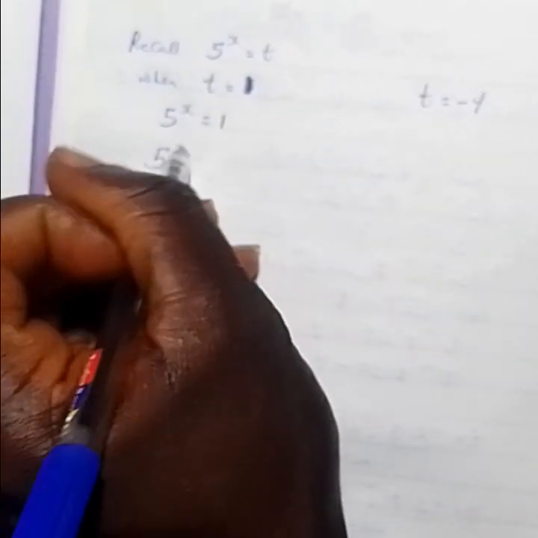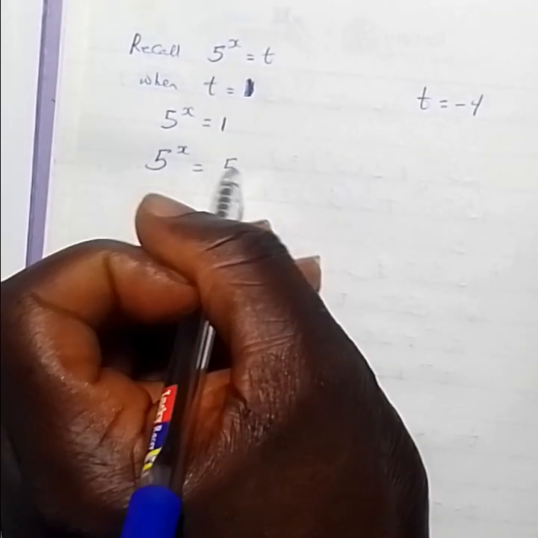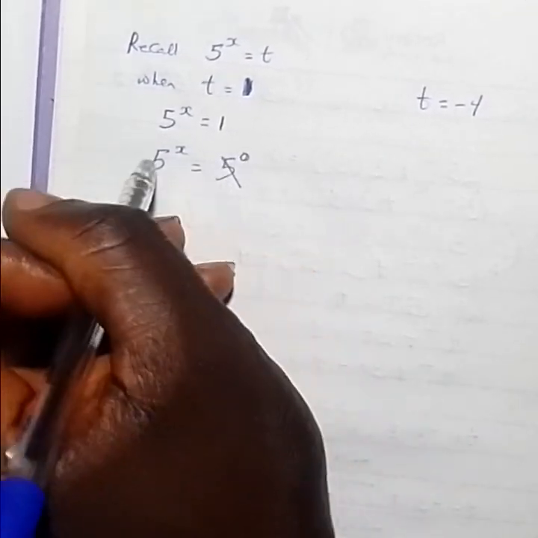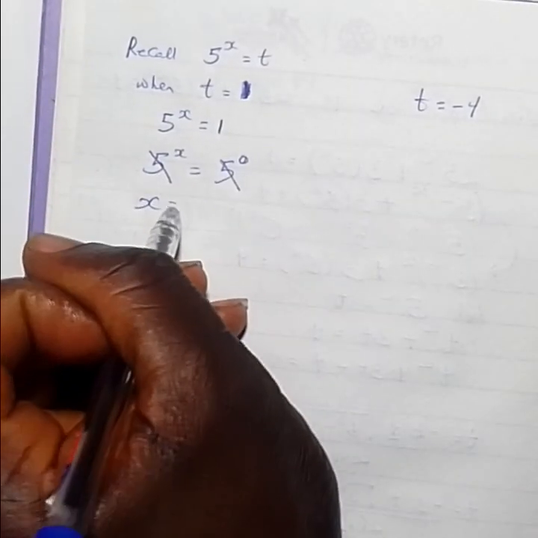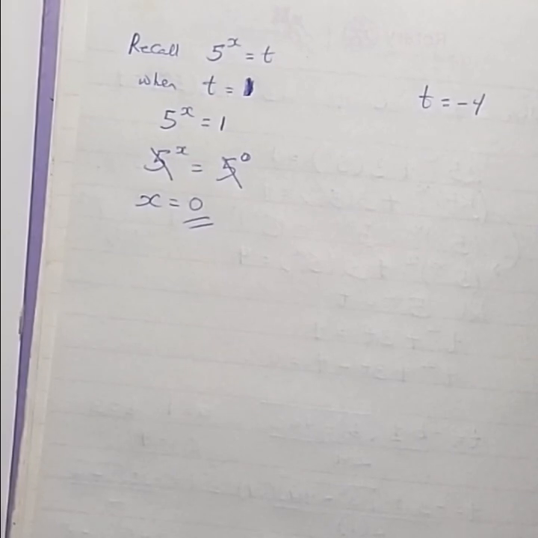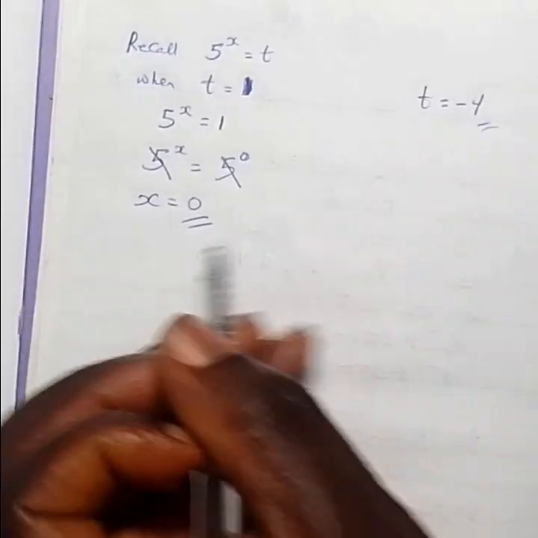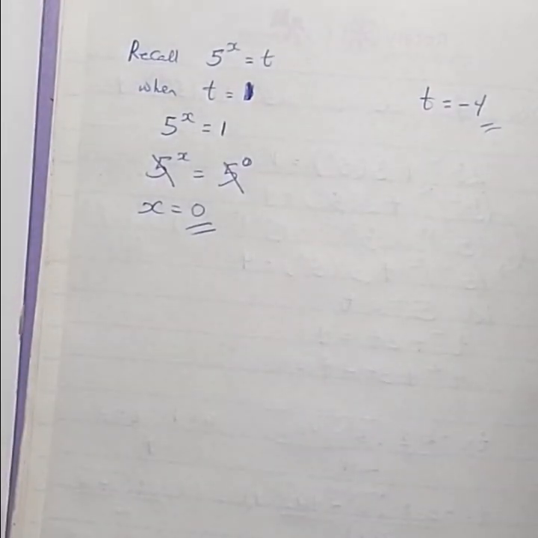We need to equate the base. 1 is the same as 5 raised to the power 0, so that 5 can cancel 5 and x will be 0. But it will not work for the other value, so definitely x is 0.